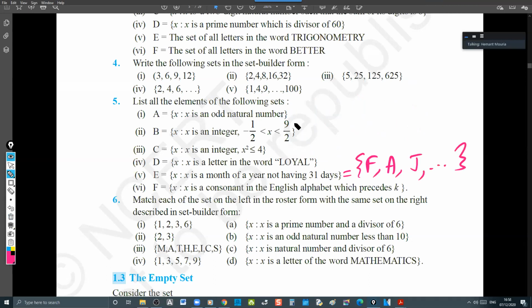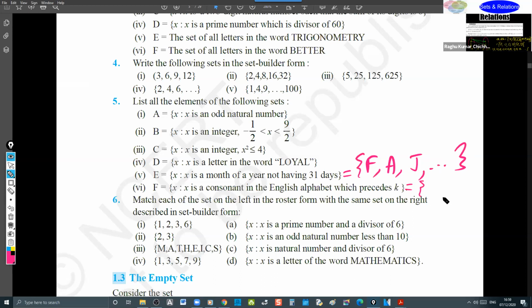Sixth one. X such that X is a consonant in the English alphabet which precedes K. Succeeding means after, so that would be L, M, N. Precedes means before K. B, C, D, E... wait.